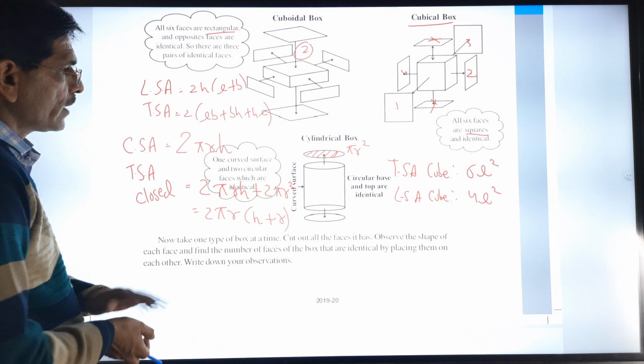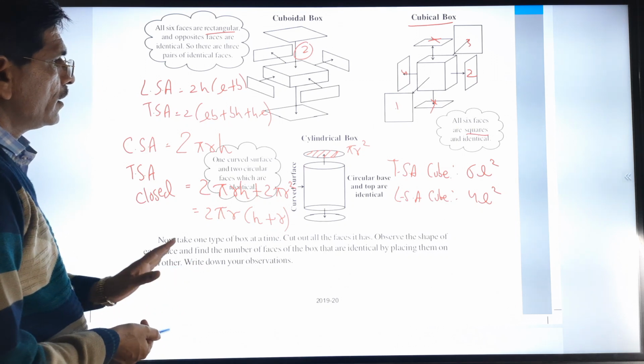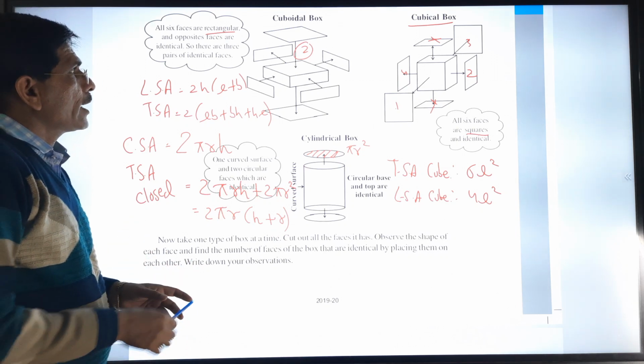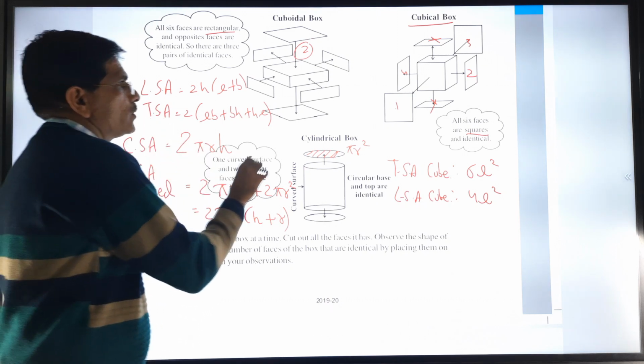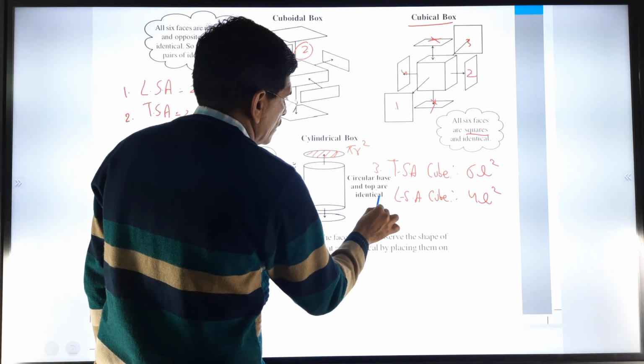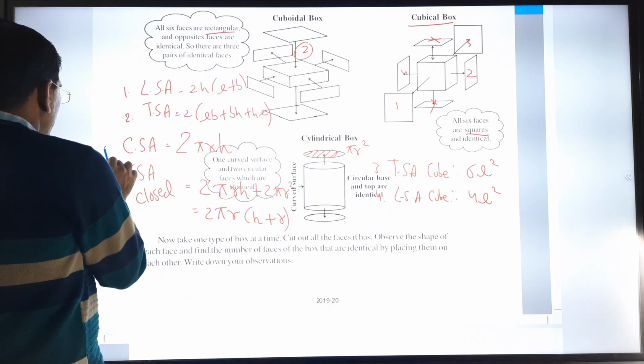So these 6 formulas we have to learn anyhow. I hope you will write these formulas compulsorily 5 times. 1, 2, 3, 4, 5.